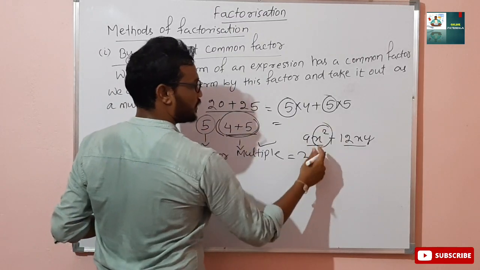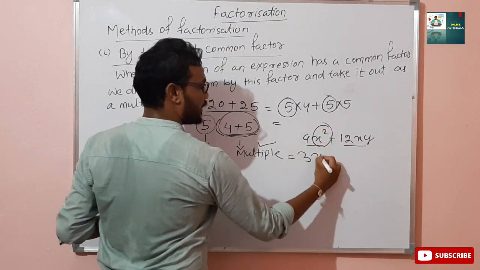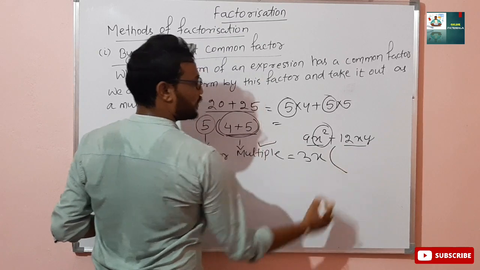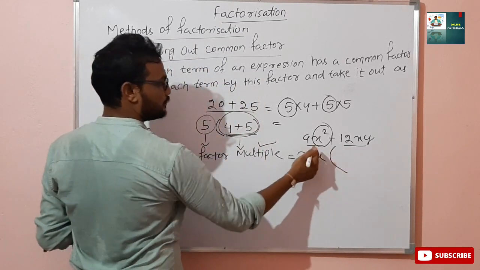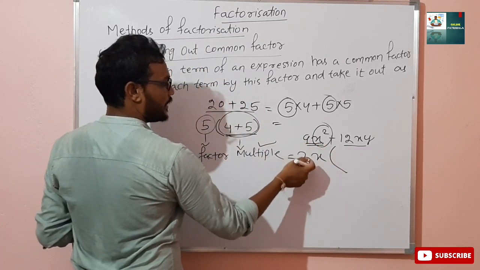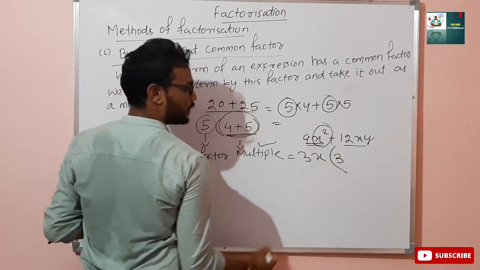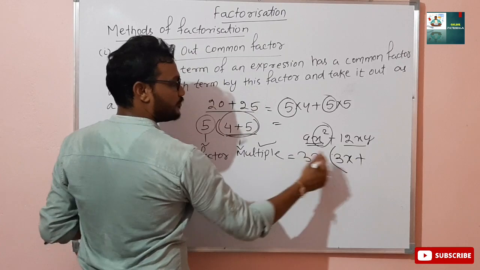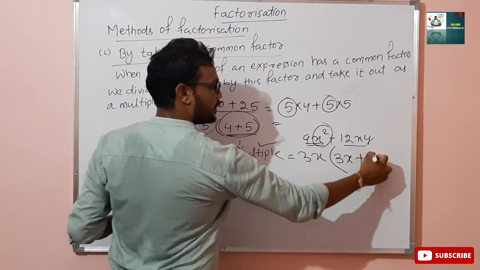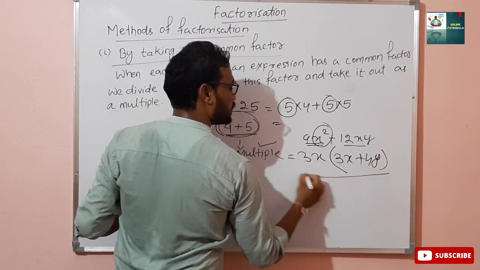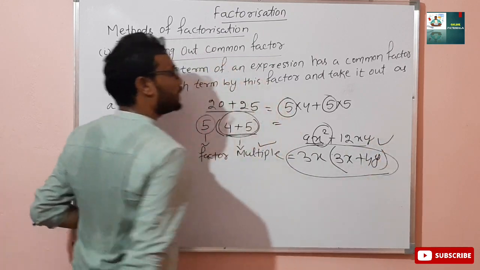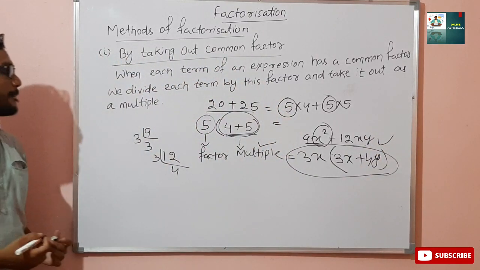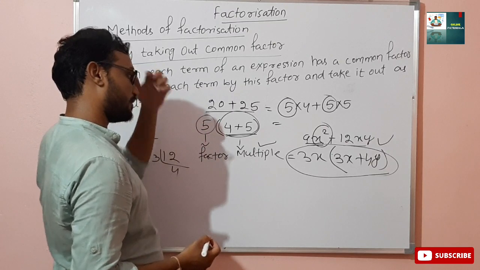Here how many x are there? 2. Here 1. So you can take 1 x as common. Now take the bracket. 9 divided by 3, 3 is left. x square divided by x, x is left. 12 divided by 3, 4 is left. x cancels. This is the factorization of this expression. Many examples are there.